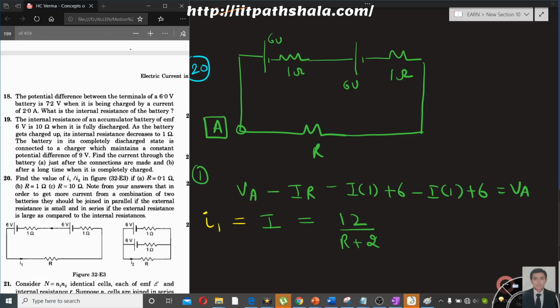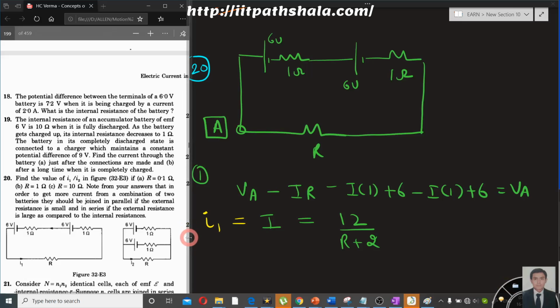So what he is saying is that if you want to fetch more current across this load resistance, you have to consider these two cases. When your load resistance is very low, then to fetch more current, you should combine these two batteries, which are in series in this case, to be in parallel, as you are seeing in the second diagram itself.